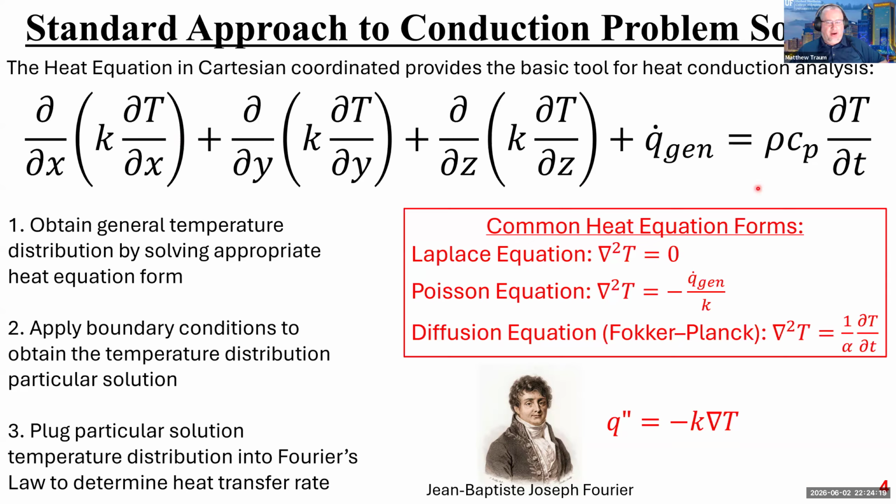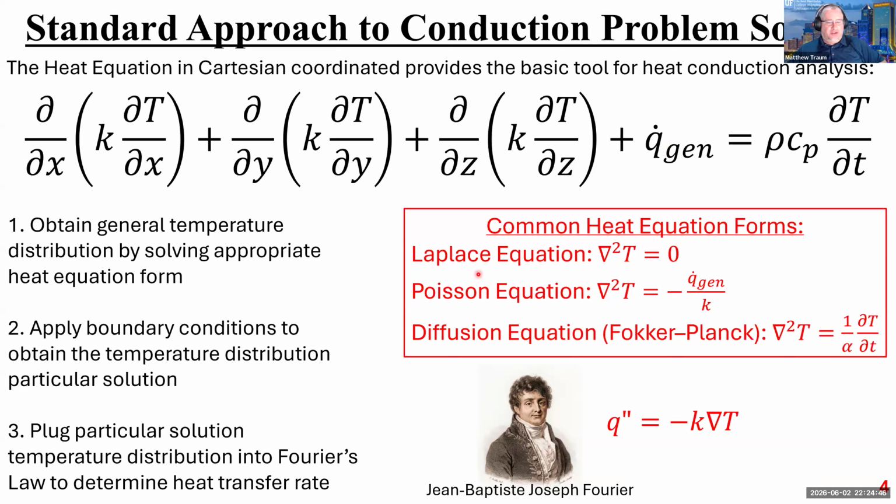So in a situation where you're in steady state, you have no thermal energy storage, this term goes away. If you have no internal generation, this term goes away. If you have constant properties like constant thermal conductivity in the XYZ directions, these Ks come out. They're no longer functions of XYZ, so they come out as constants. And then a lot of times, if you've got nothing on the right-hand side of the equation, they just divide out and go away, right?